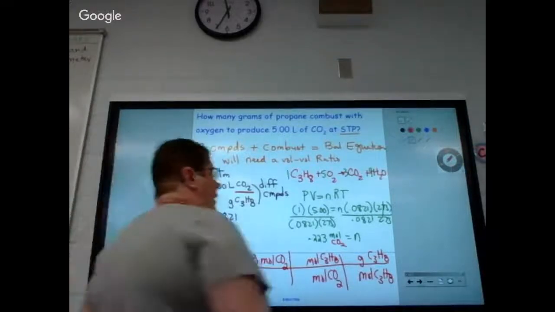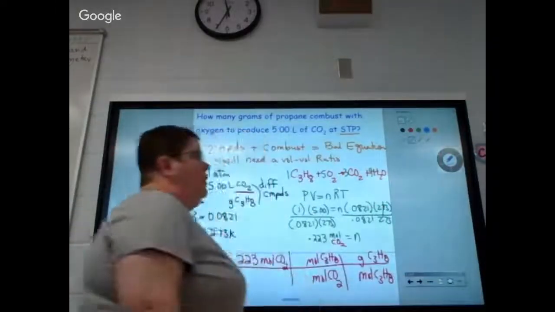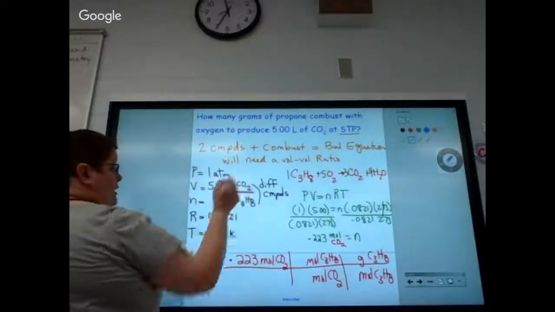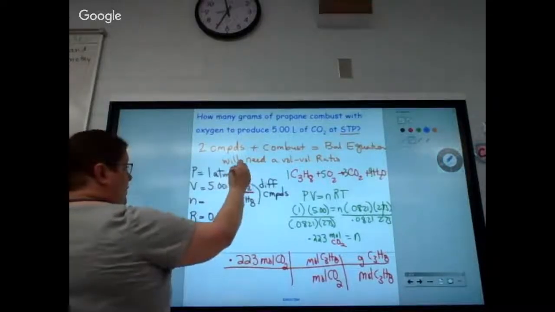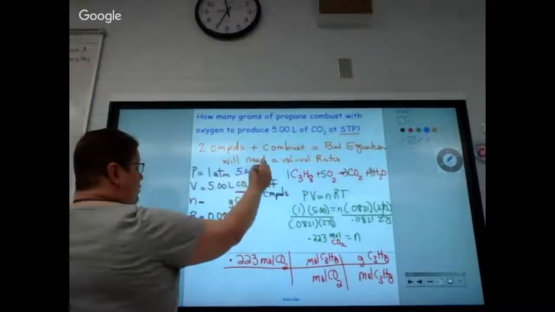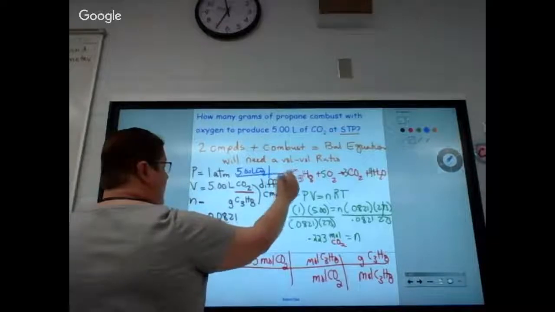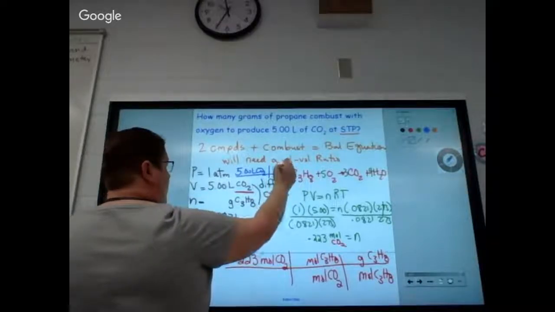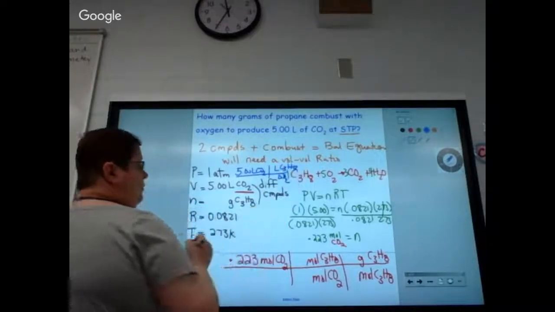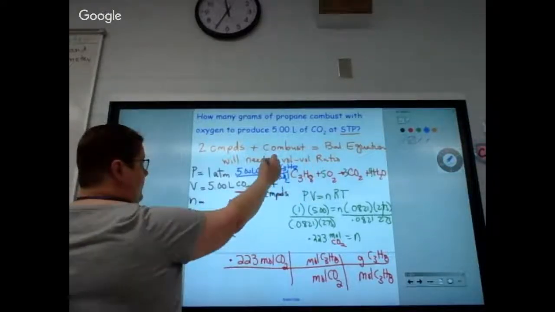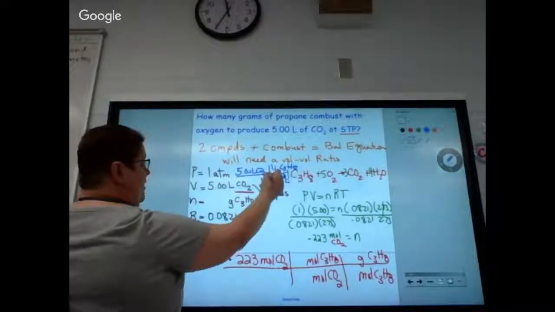Now, the other way to do it would be to use the volume-volume ratio. Back here, where it's CO2, would be to take the 5 liters of CO2 and change it to liters of propane. So propane has a 1 and CO2 has a 3.